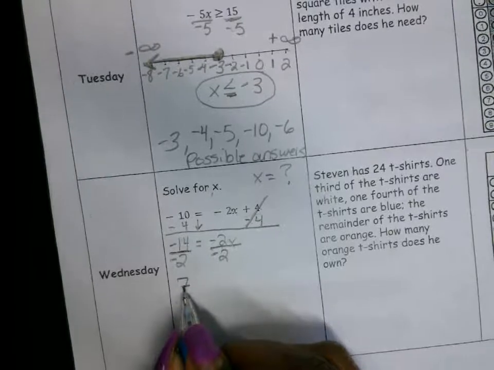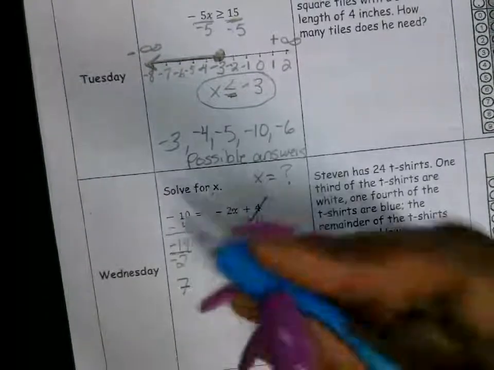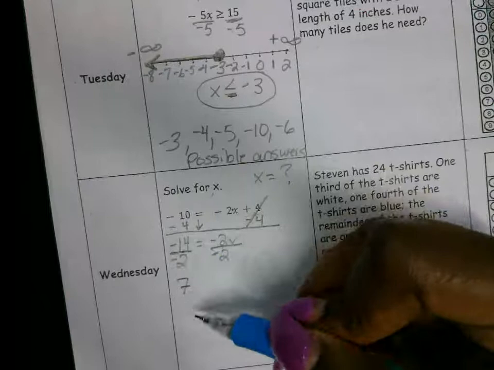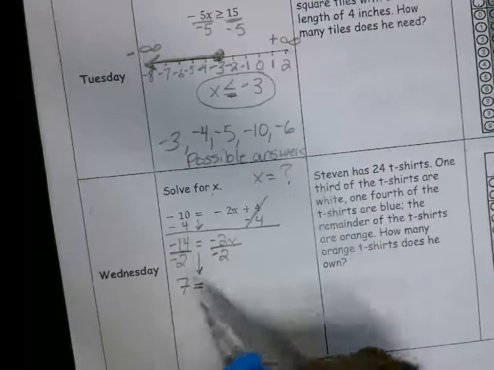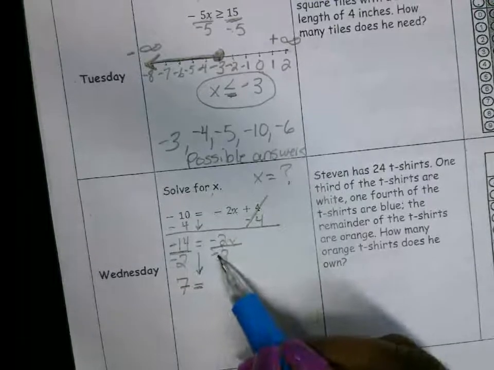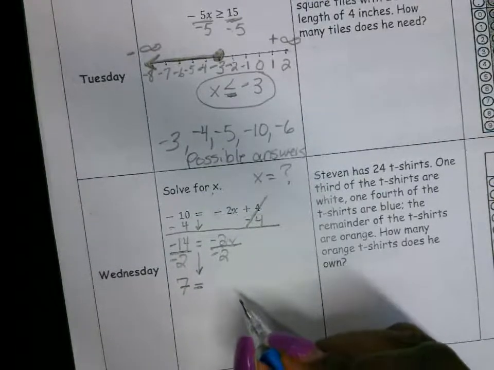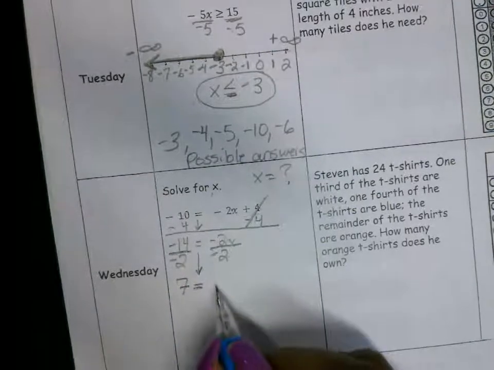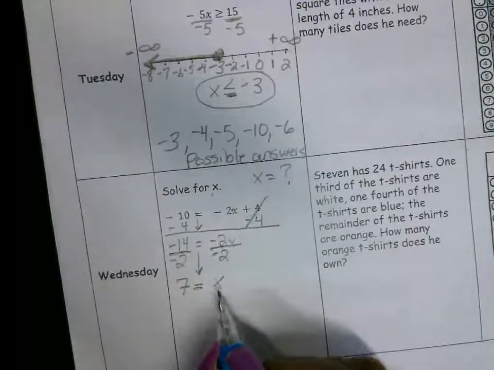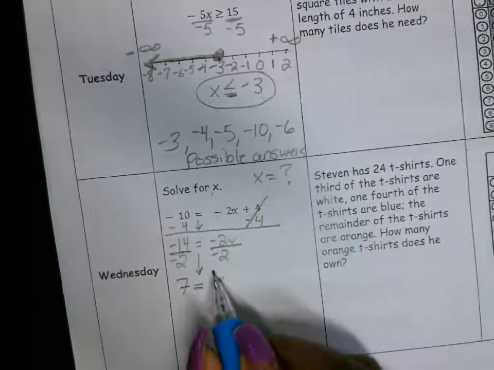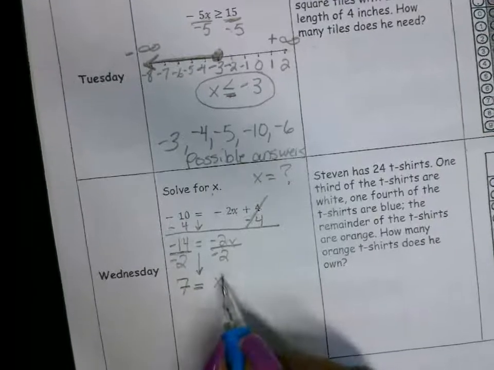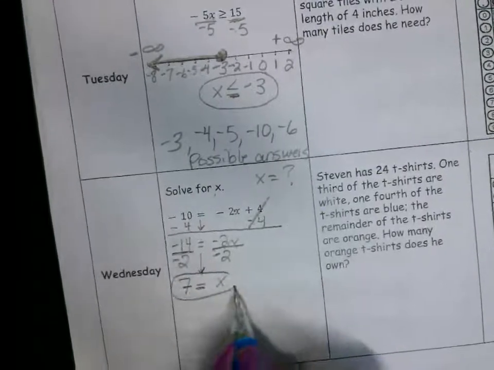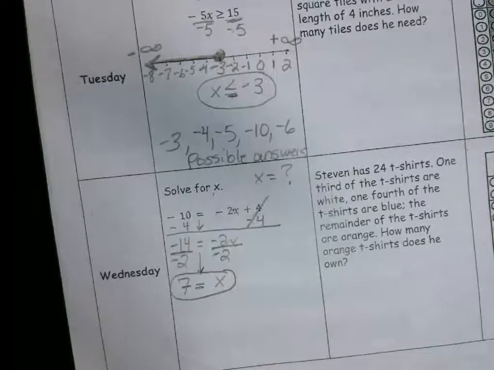Positive or negative? It's a positive 7. Remember, a negative divided by a negative is a positive. Let's bring down our equal sign. How many times will negative 2 go into negative 2? 1. So we have 1x or just x. It's understood to be a 1 in front of the x when you see x just sitting there alone. So our answer here is x is equal to 7, or 7 is equal to x. The value of x is 7. Any questions?